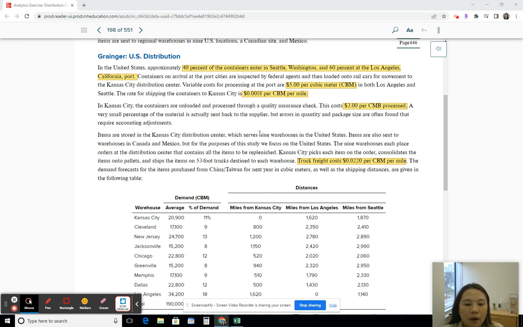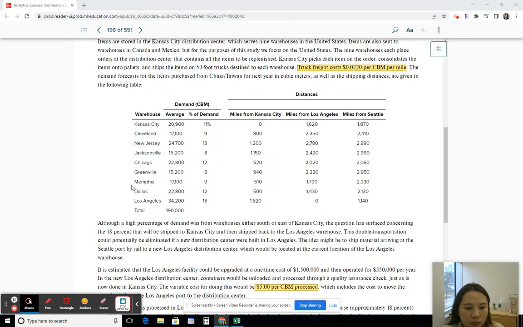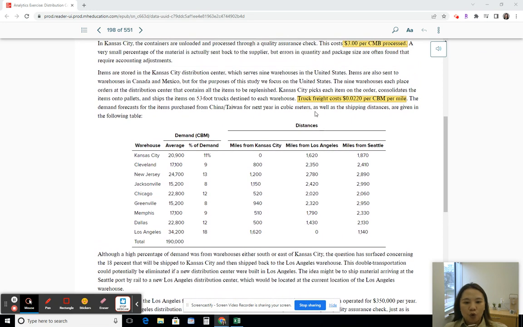And except for that, we also have another cost, the freight cost. This is the transportation cost from Kansas to the different warehouses. The truck freight cost will be 0.022 per CBM per mile. So this is another big portion of the cost.